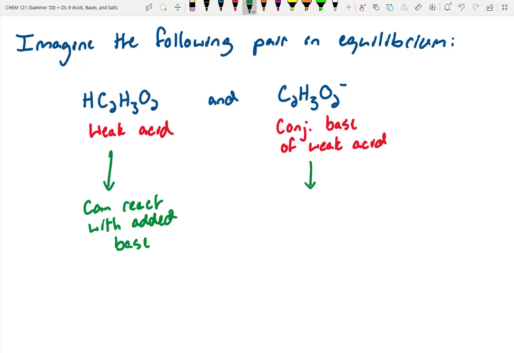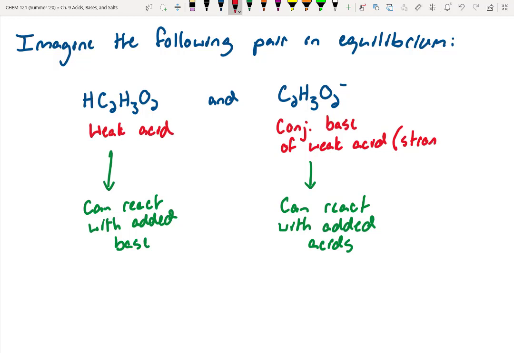But over on the other side, this is the conjugate base of a weak acid, which means it's going to be kind of strong, which means it can react with added acids, right? Because we know that it's going to be a relatively strong base. All right, so I'll just put a note in there that it's strong.